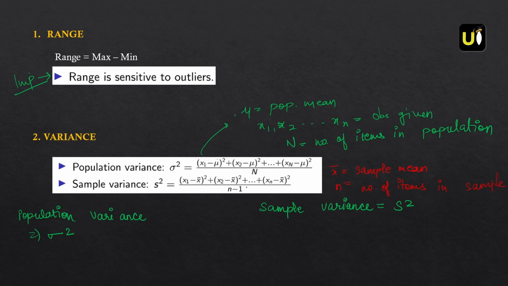Students make a mistake here: they divide simply by capital N, and here also they simply divide by small n. So you have to see it carefully that it is n minus 1, not simply small n. All right, you need to take care of this point.